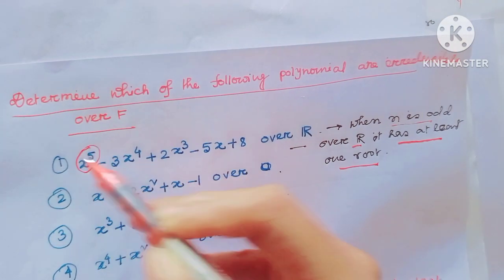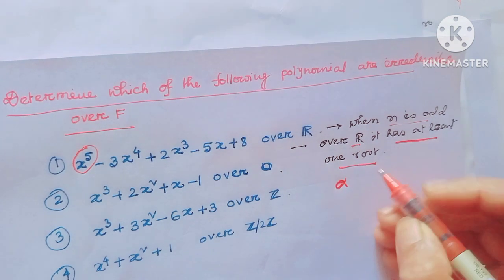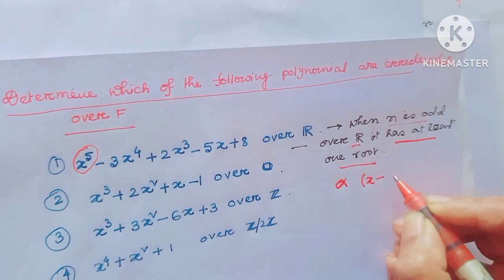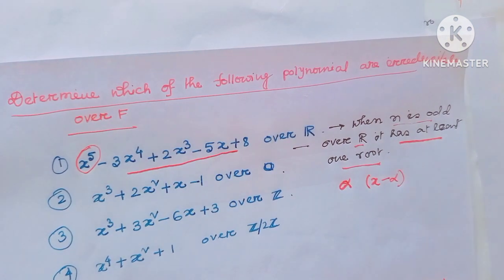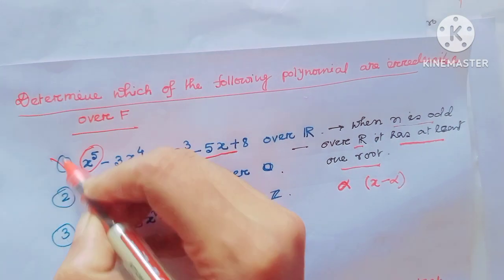Since here 5 is an odd number, I will get at least one root alpha. So since alpha is a root, x minus alpha is always a factor of this polynomial. So this is a reducible polynomial. So option 1 is a wrong option.